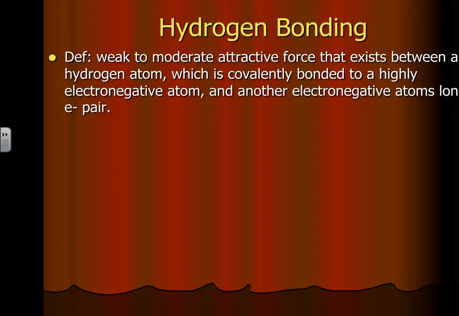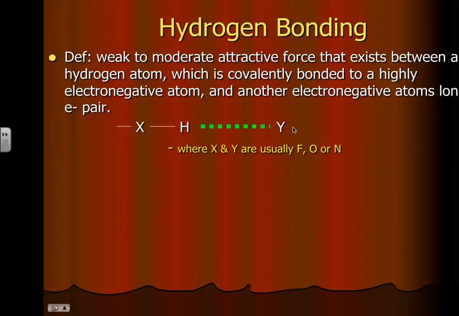I know it's dicey, so here's a picture. Here's your hydrogen atom, which is covalently bonded, so see the covalent bond right here, to a highly electronegative atom, that would be X, and another electronegative atom's lone electron pair.